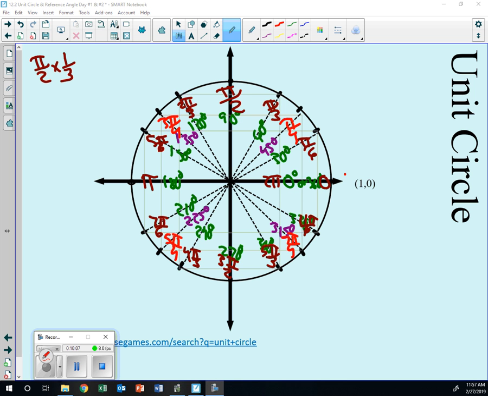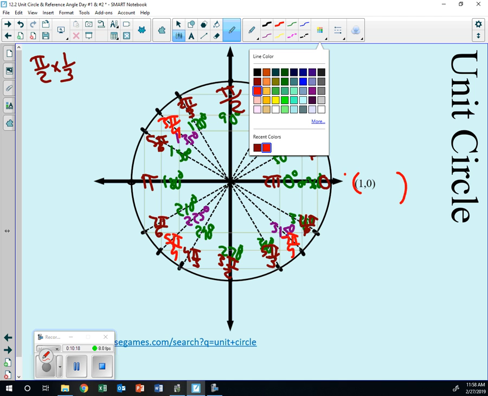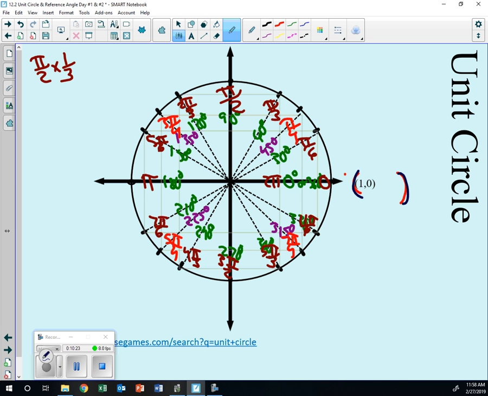All right, last thing. The last thing on the unit circle that you have to do is put the coordinates. So if we have a coordinate over here, and I'm going to use, let's go dazzling blue, Minnetonka blue. To get to this point here, we go over 1, up 0. To get to this point up here, we go over 0, up 1.